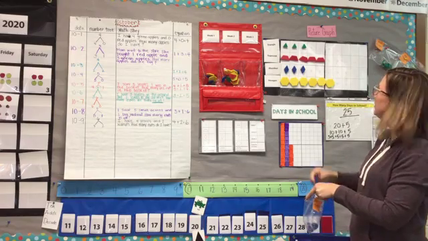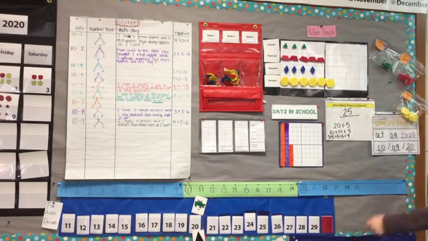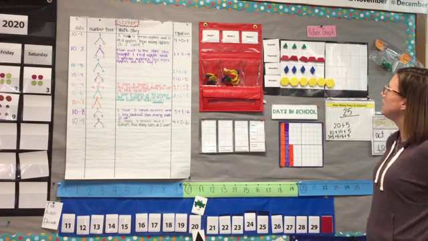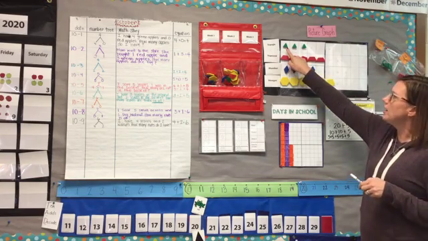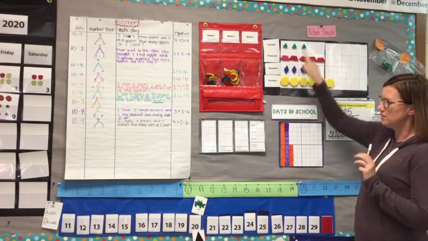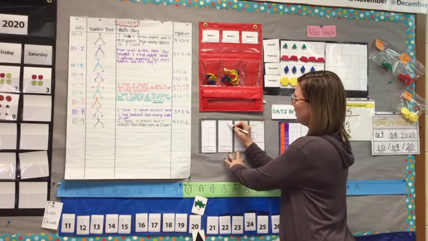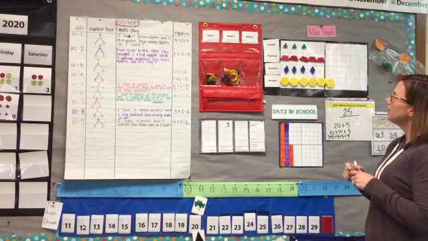Now we can look at our picture graph and see what we have. Wow, look at all of the shapes we have for week number 2. How many triangles? 3 triangles. I'm going to come down here on this chart and I'm going to write 3 by the triangles.